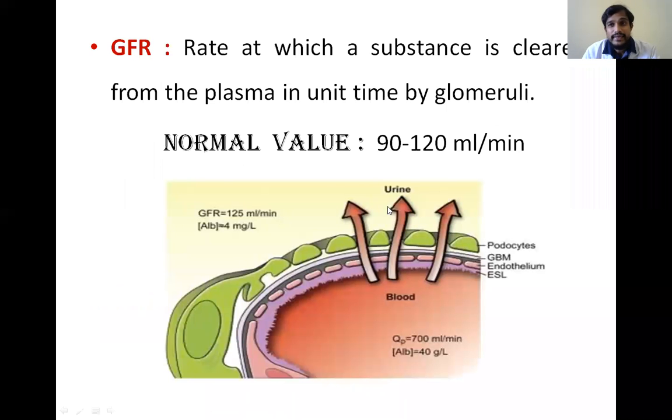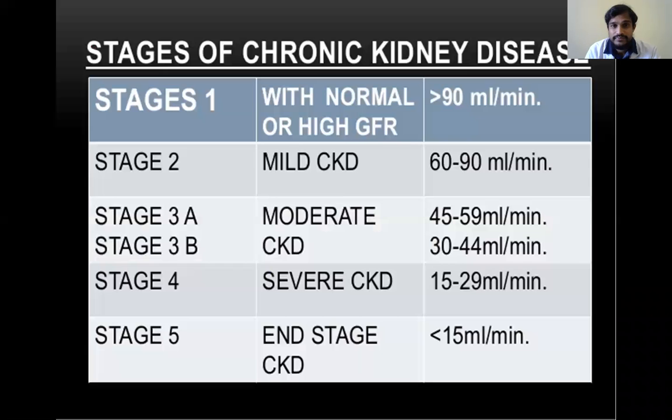And GFR, glomerular filtration rate, is the rate at which a substance is cleared from the plasma in unit time by the glomerulus. The normal range is 90 to 120 ml per minute, and this GFR is used for categorizing the renal failure.